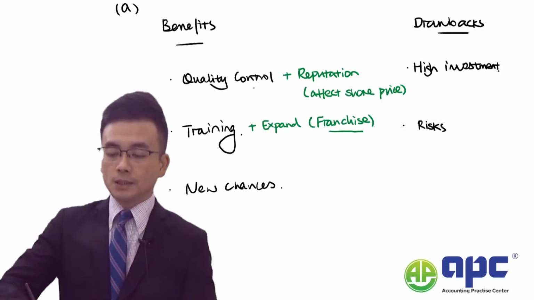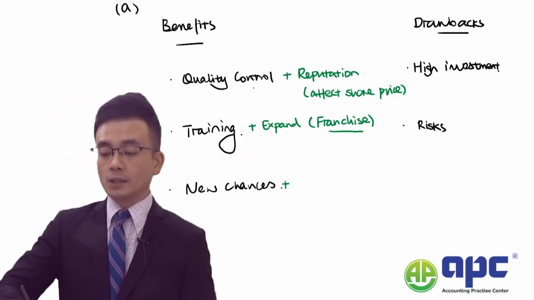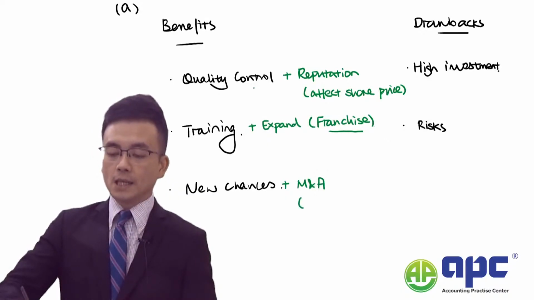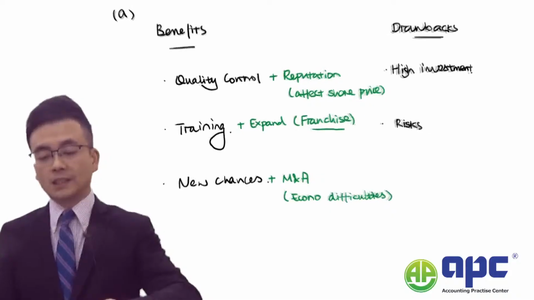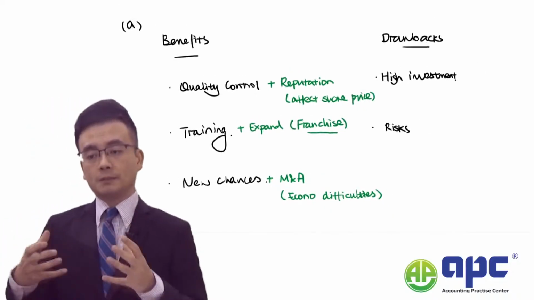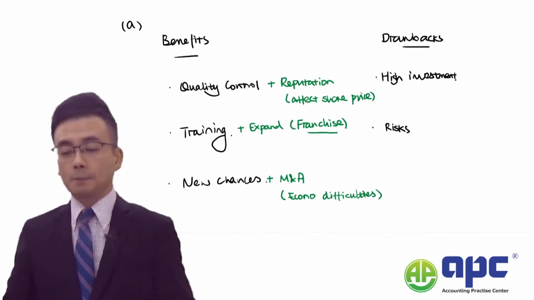For example, later on we can do M&A, mergers and acquisitions, given that they have economic difficulties currently. There would be lots of difficulties for companies operating in that country, so it would perhaps be cheaper for us to expand.